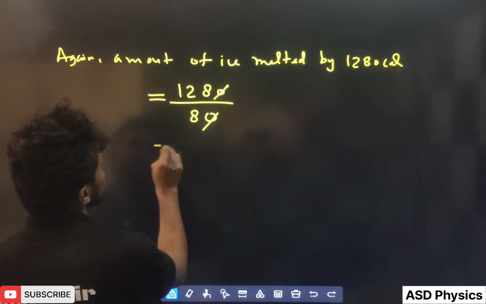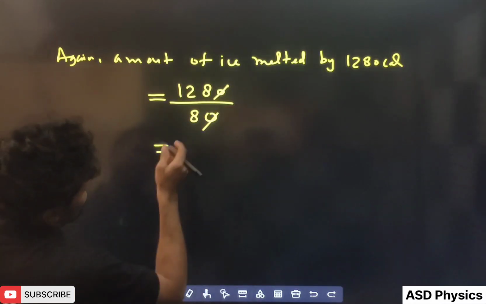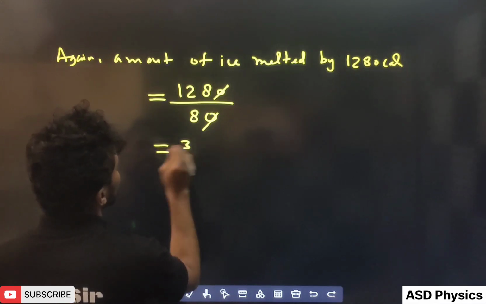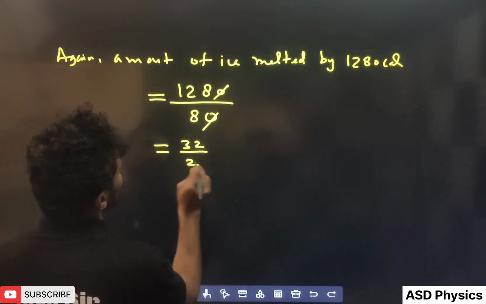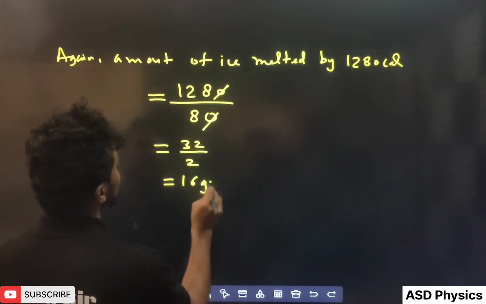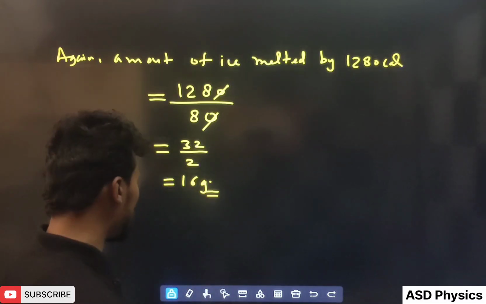This 0 cancels, and then cancel by 4. 4 3s are 12 and 4 2s are 8. So 16 gram. Only 16 gram of ice will melt.